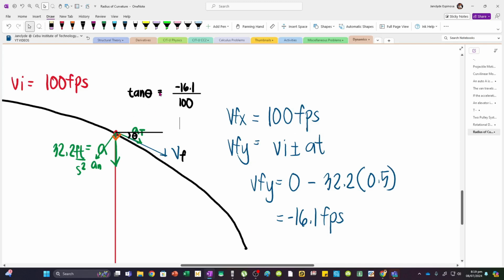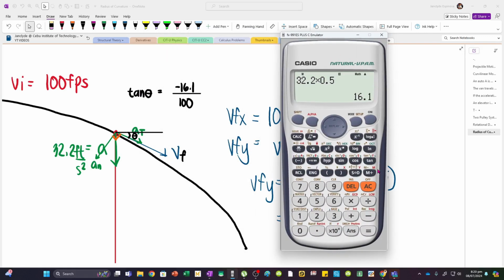So what is tan theta? We have minus 9.146, or you can just use the absolute value, with respect to the horizontal.